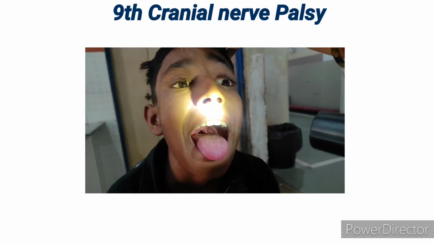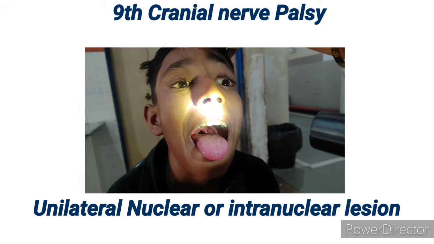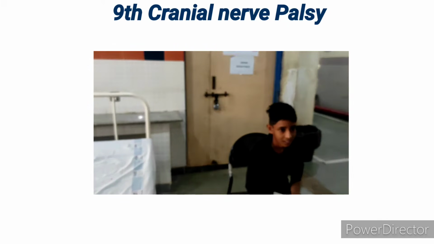If a unilateral nuclear or infranuclear lesion is there, then the child will have unilateral pharyngeal weakness and the palatal raphe will be deviated toward the normal side. It is generally seen whenever the child has an intramedullary or extramedullary mass, or trauma, or motor neuron disease or GBS. In this case, the patient will have difficulty in swallowing.